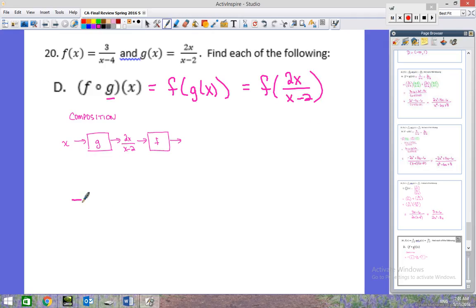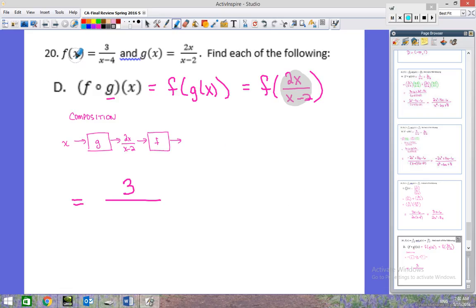Now, let's come down here and finish. What does this f do to the input? Well, f always creates a fraction. 3 is always in the numerator, so 3 is still going to be in our numerator. Our denominator is the input, what's between the parentheses. This time, what's between the parentheses is this ugly expression, 2x over x minus 2.